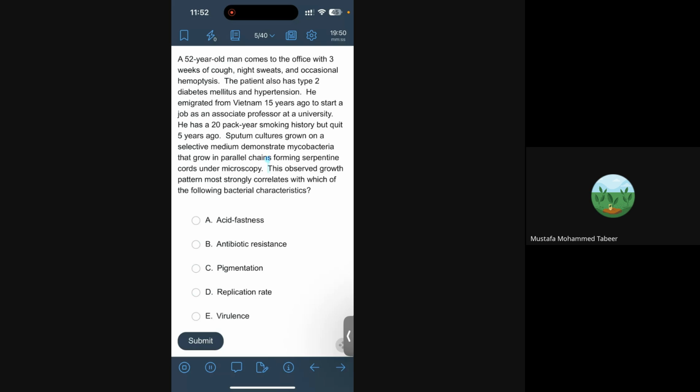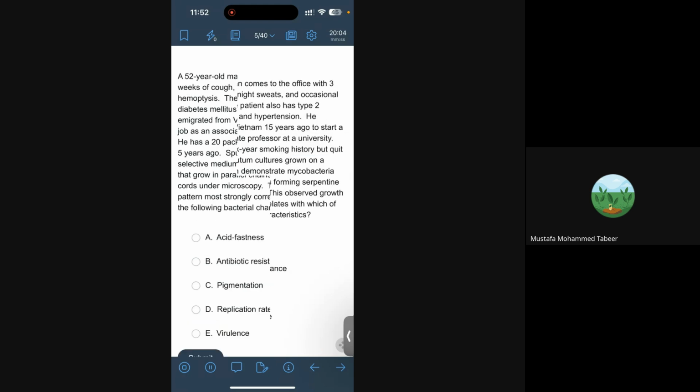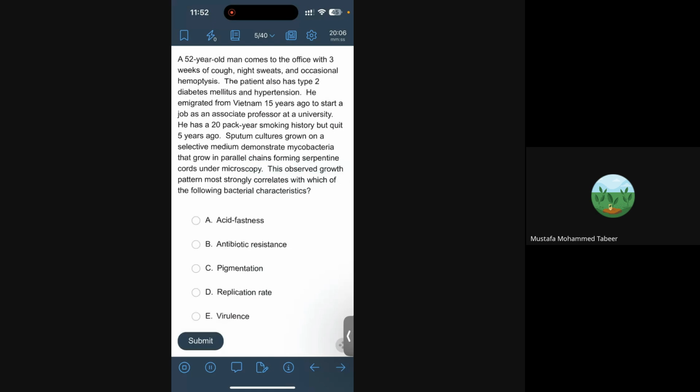This observed growth pattern most strongly correlates with which of the following? A 52-year-old with 3 weeks of cough, night sweats, and hemoptysis, type 2 diabetes mellitus. He came from Vietnam, Southeast Asia, 15 years ago to start a job as an associate professor at a university.